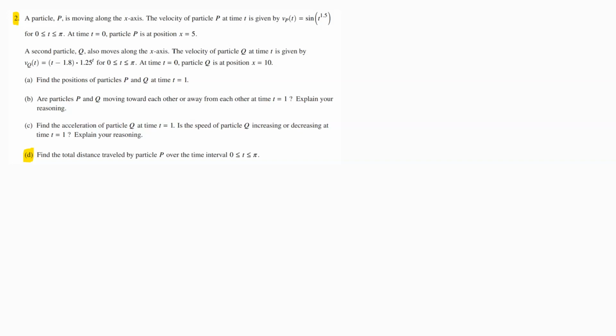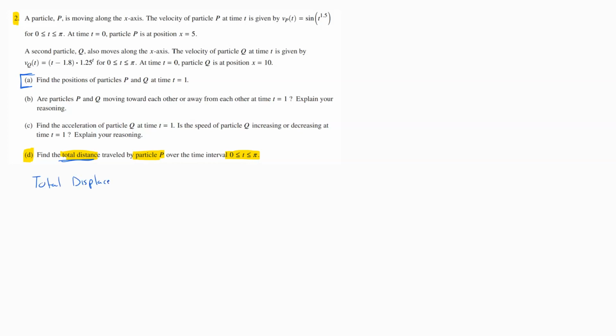So this question is going to be talking to us. Part D here wants to know about finding the total distance traveled by particle P over this given time interval right here. When we do these problems, there's kind of two different worlds that they sometimes talk about. One is what we talked about if you go back and watch part A, which is the total displacement.